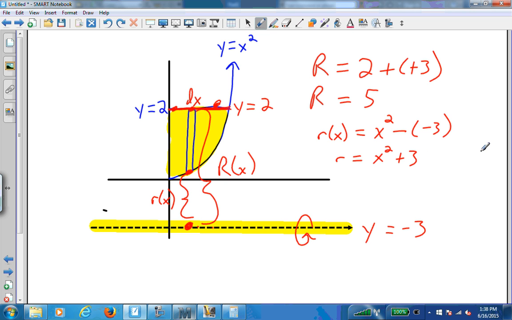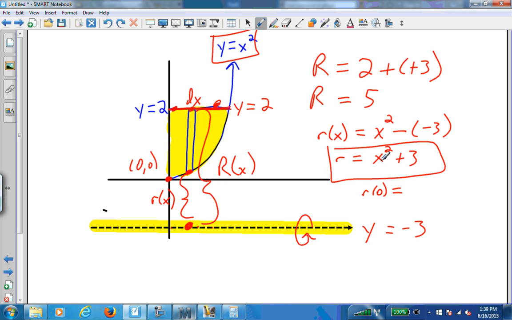Now let's test that out just to make sure that little r works. If we think about our function, when x is 0, y is 0. Here our little r is 3, the distance from here to here is 3. If we put 0 into little r, we get 0 plus 3, which is 3.